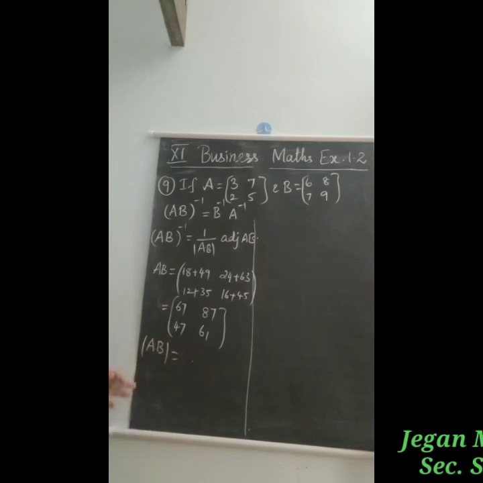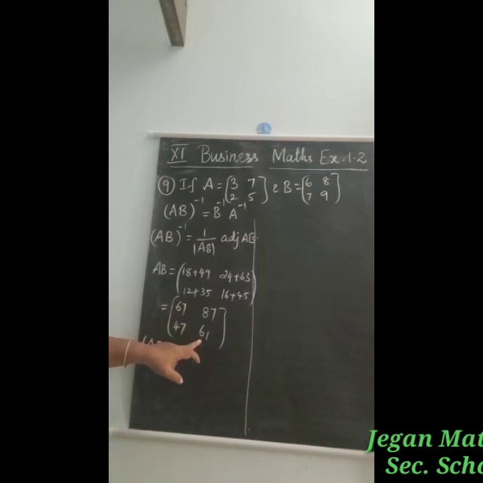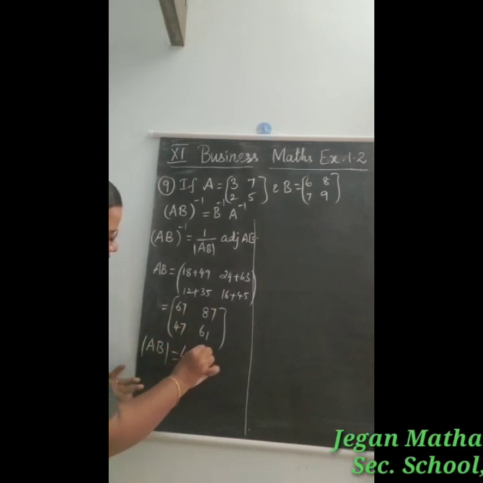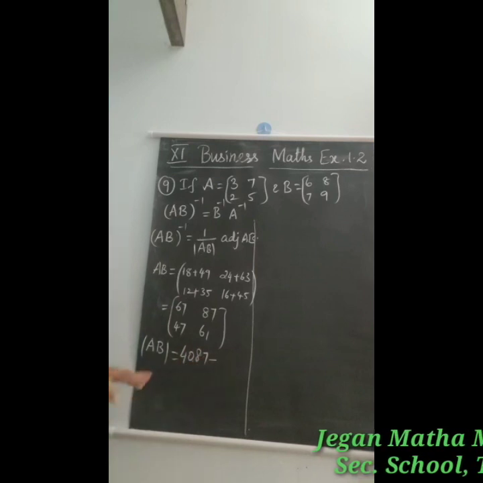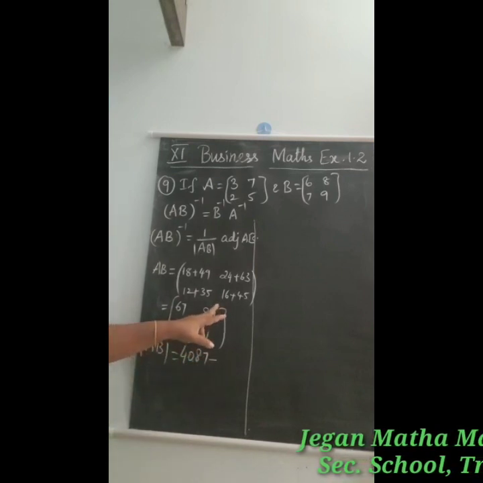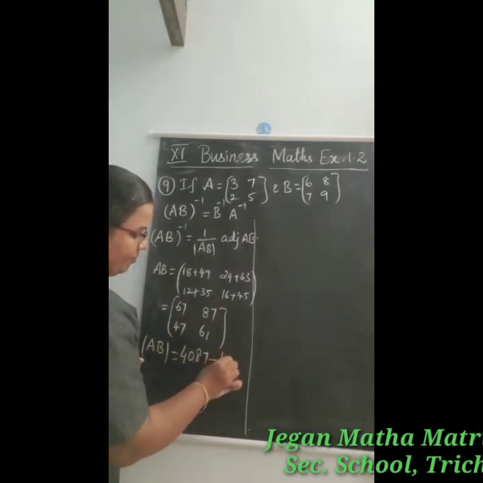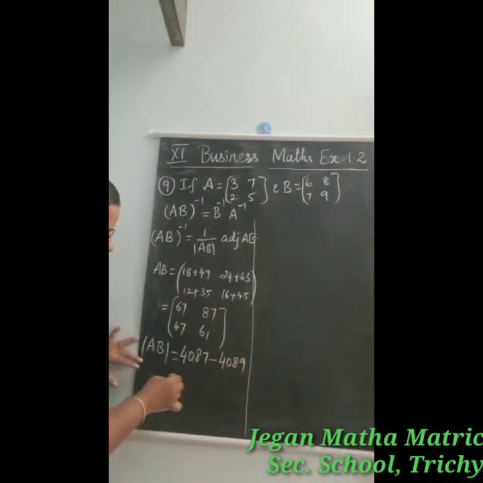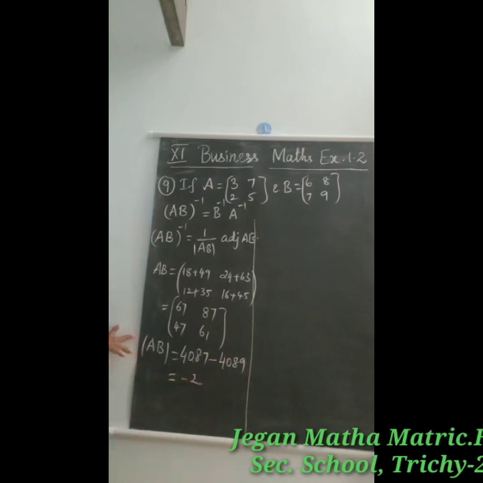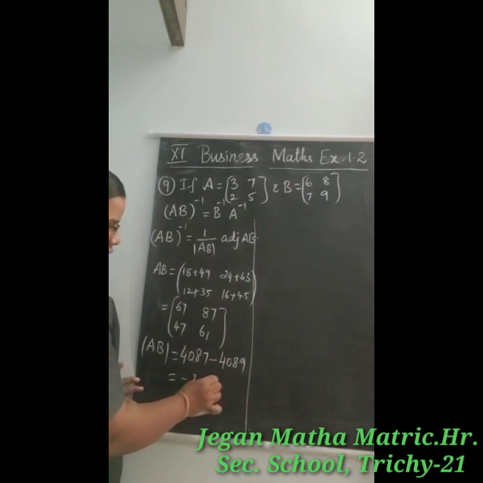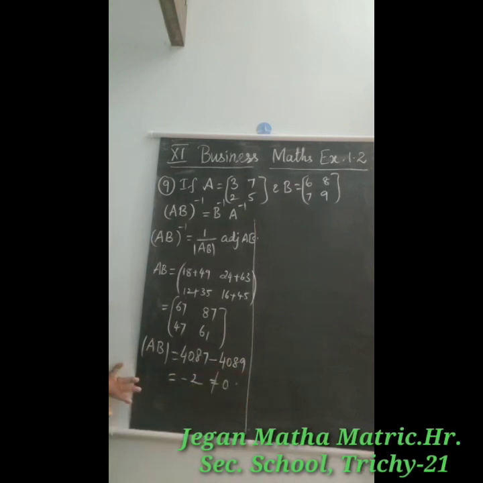Now determinant of AB. So that is equal to 67 into 61, that is 4087, minus 47 into 87, that is 4089. So that is equal to minus 2. So determinant of AB is equal to minus 2, that is not equal to 0, so the inverse exists.